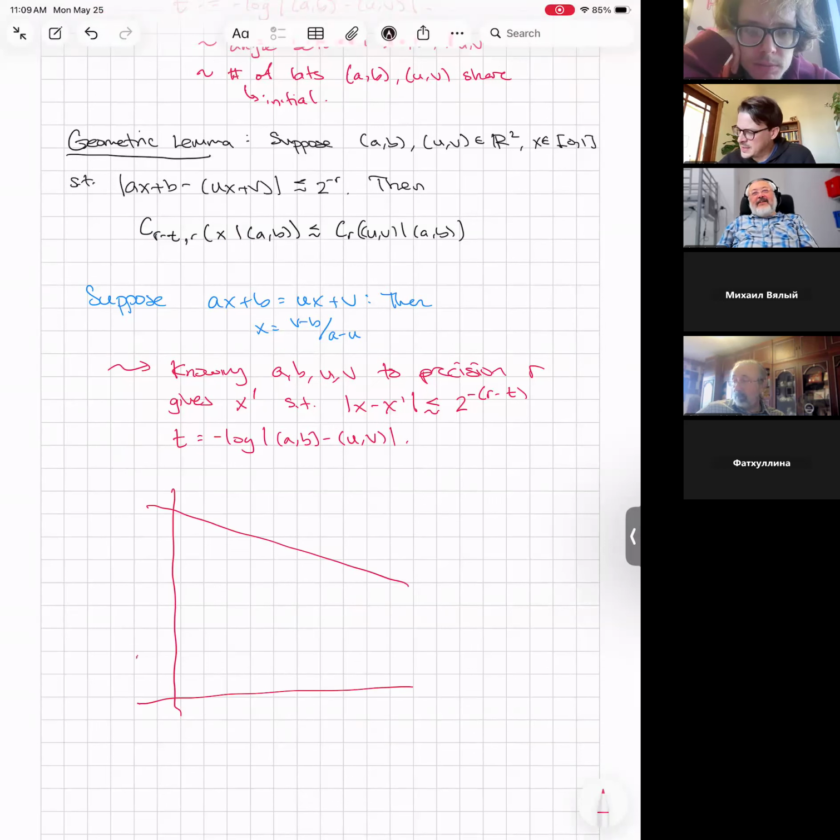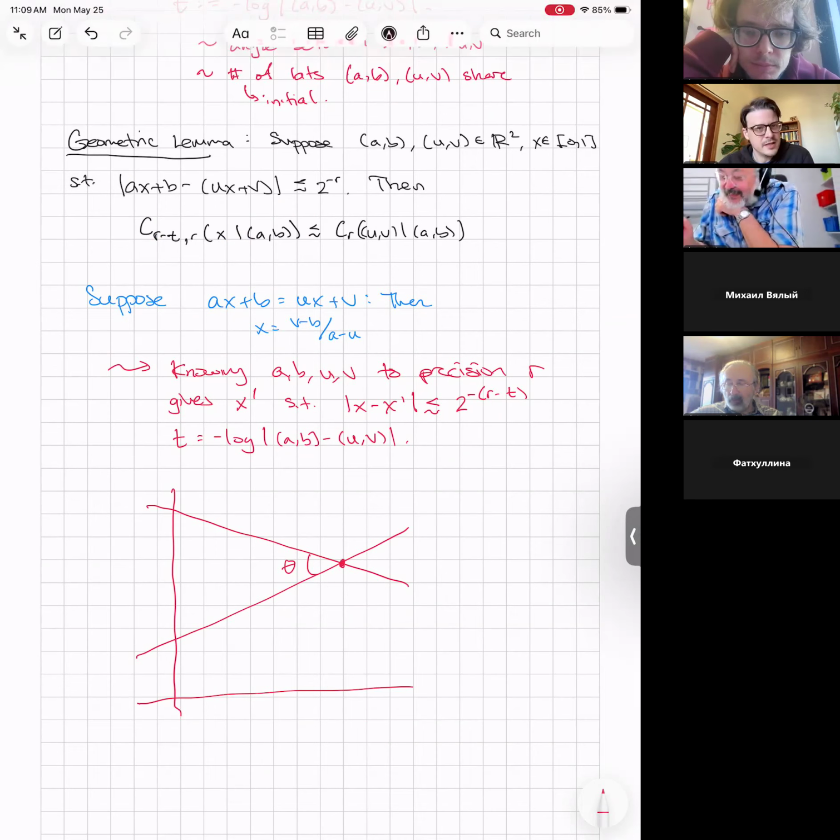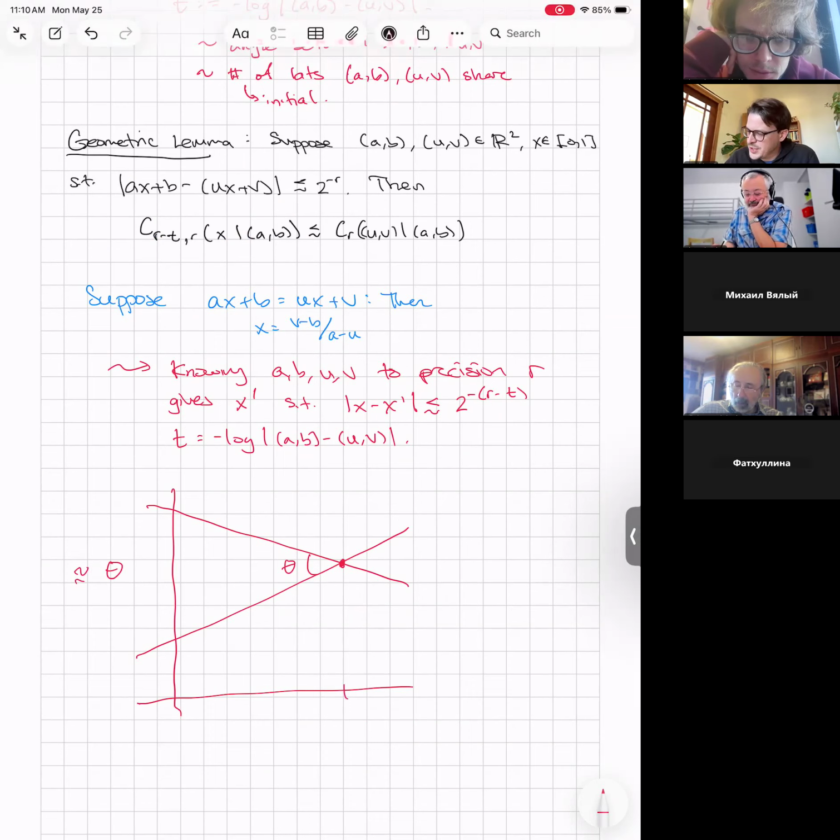But it's exactly the same. So imagine two lines intersect at this point at an angle theta. Then the distance between the y-intercepts is roughly theta, as long as I'm in a bounded region.